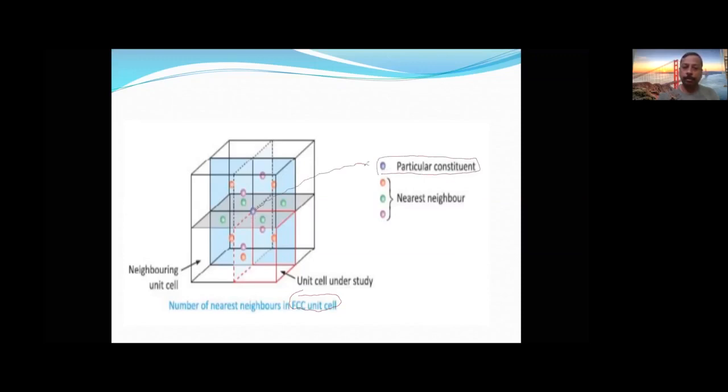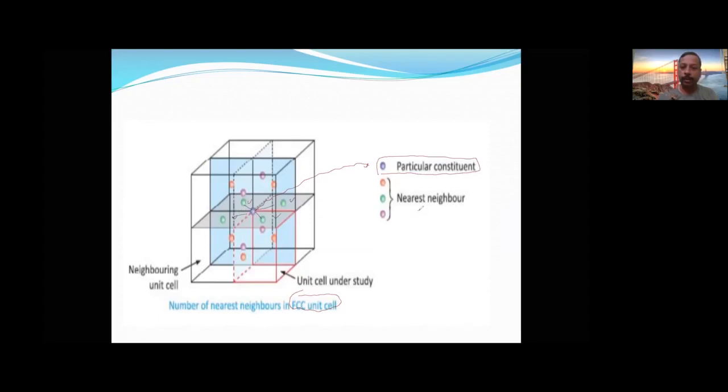Here you may see three different colors. This green color, this green color, all these green colors are parallel to ground, and they are face centers.